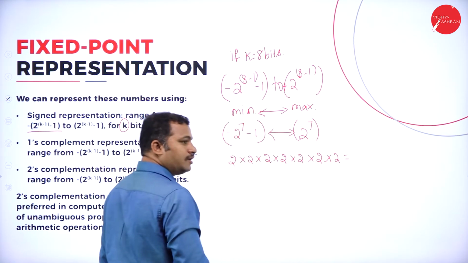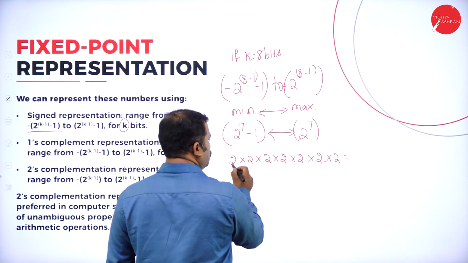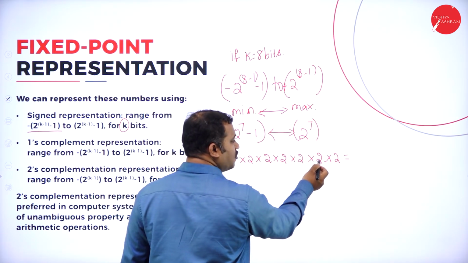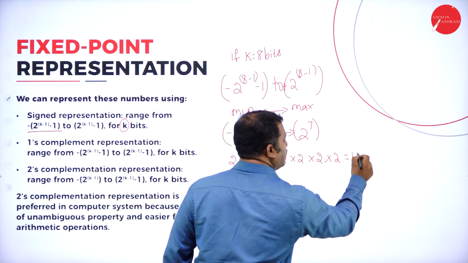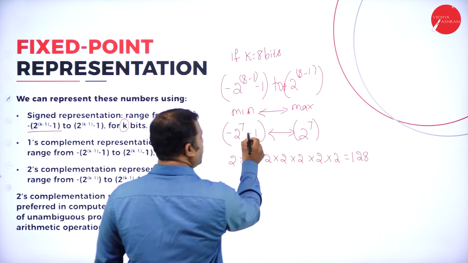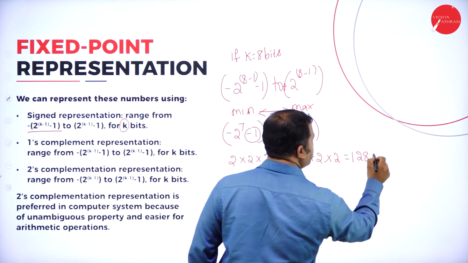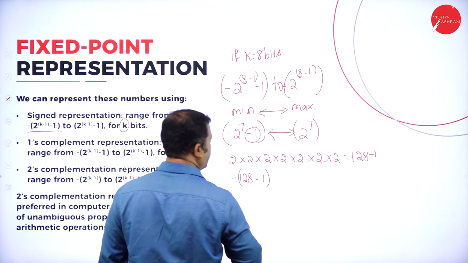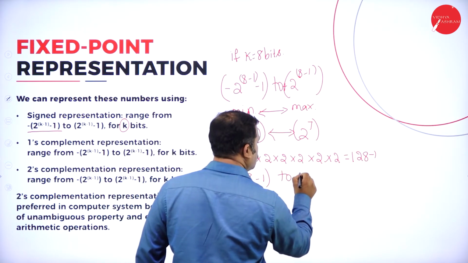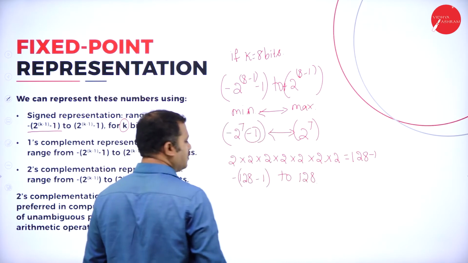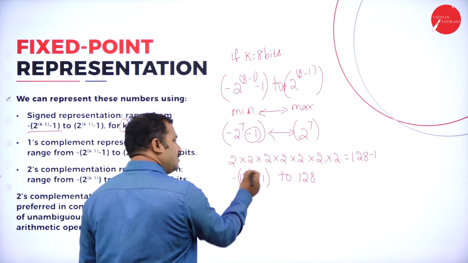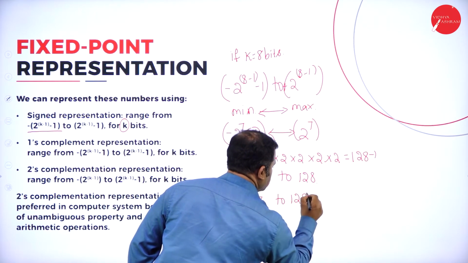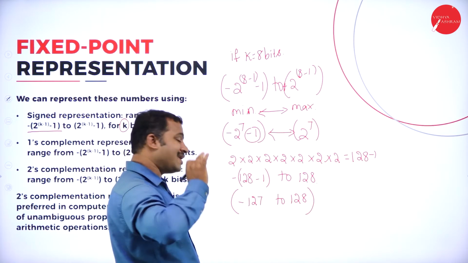Let me work it out: 2 twos are 4, 4 twos are 8, 8 twos are 16, 16 twos are 32, 32 twos are 64, 64 twos are 128. We have the minus sign here, so minus 128 to 128 minus 1 within brackets. This has to be resolved first. So it is minus 128 to 127.